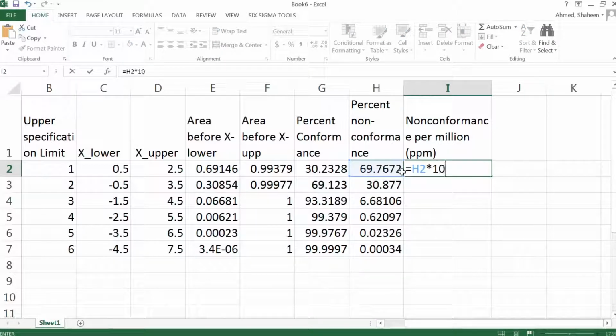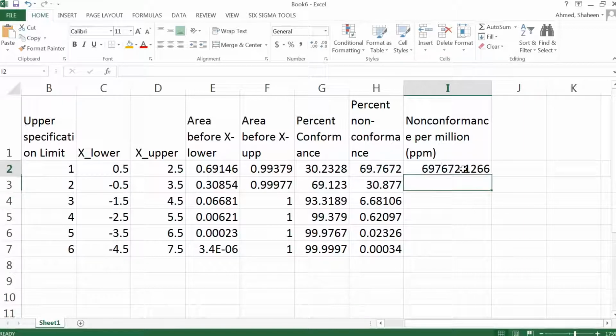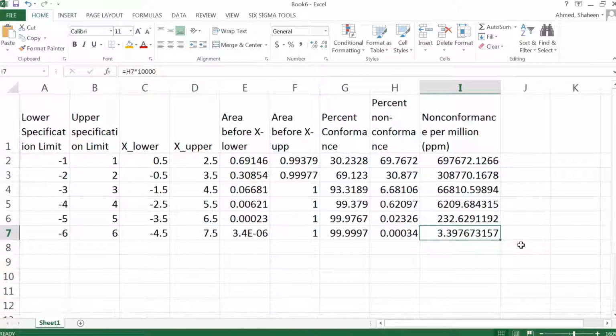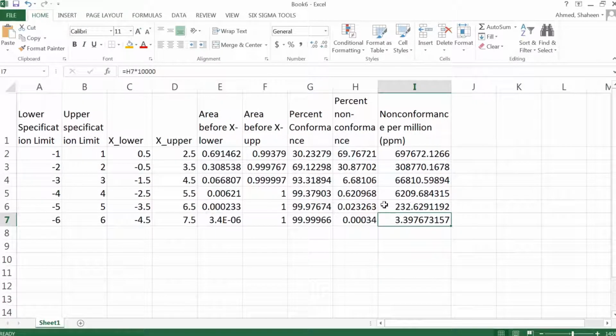Now remember, we already multiplied by 100, so if I multiply by 10,000, it's gonna be actually within millions. So now 3.4 products out of a million will be defective. So there will be coffee that is not within its specification.